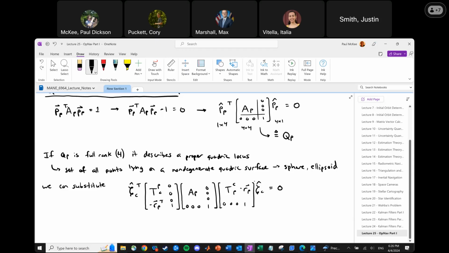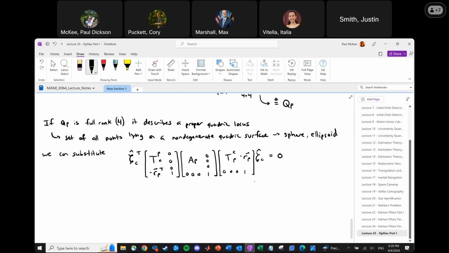And we can actually clean this up. This whole interior, if you're willing to do some math, which I'm not going to make you do right now, simplifies to this.